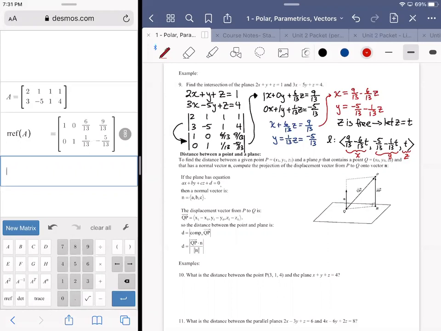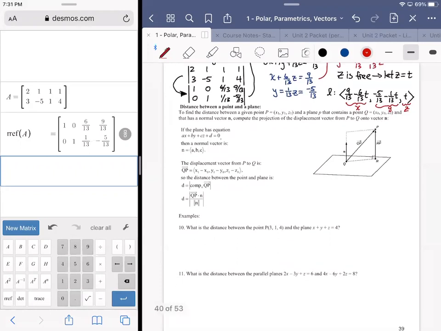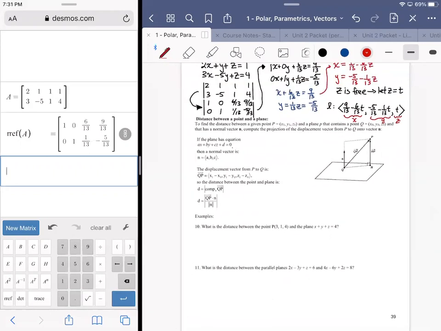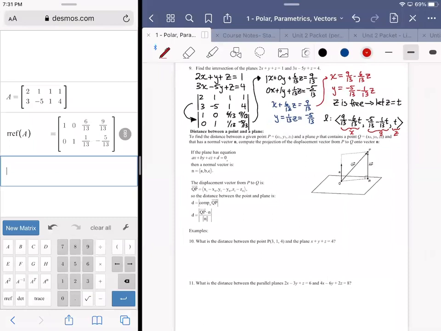Distance between a point and a plane. I'm actually going to toss this topic, only because we're going to pick it up later when we get to differential, not differential equations, wrong course, Lagrange multipliers. It's a part of differentiating functions of several variables.